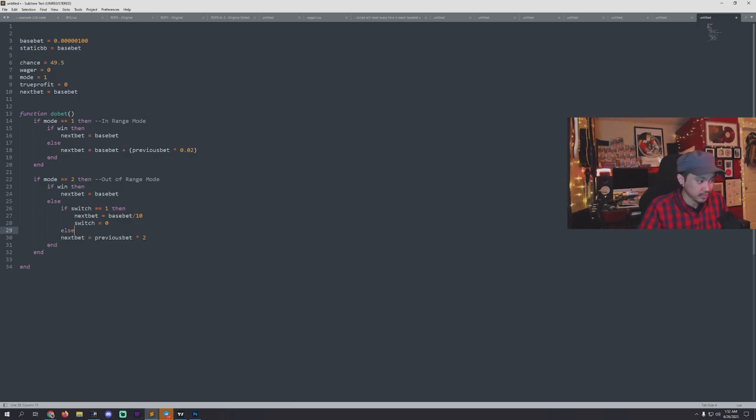Else, because we don't want to do this, we need to put this in its own thing. Else means switch will equal 0. Then after that, it's going to be the base bet divided by 10 times 2. So it's going to be 10 times 2, which would be 20. And it'll come back down, 20, go to 40, etc. Okay, I hope you're following me here, what we're doing.